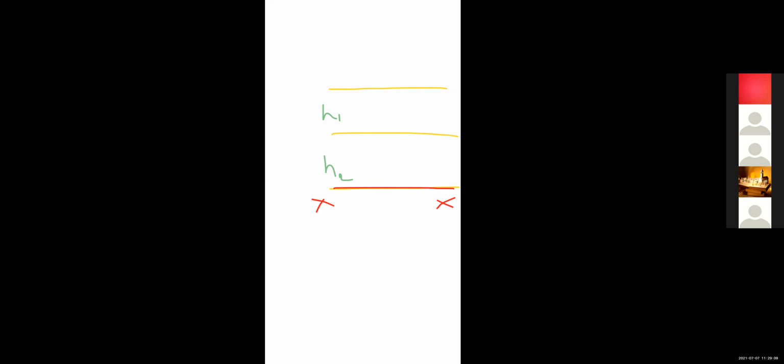At axis we have to find the total normal stress, sigma T. H1 and H2 are the heights of the strata. Here the unit weight of this soil strata is gamma D, and the unit weight of this soil strata is gamma saturated.